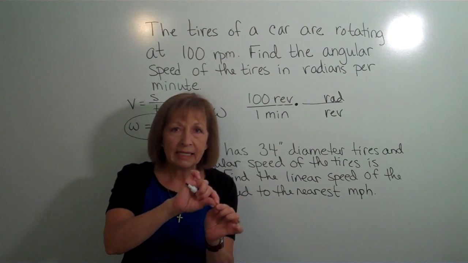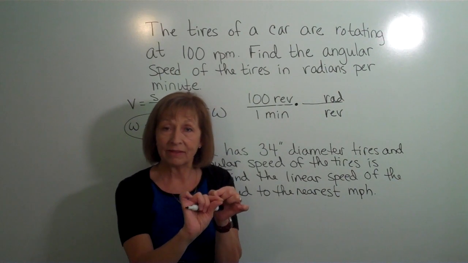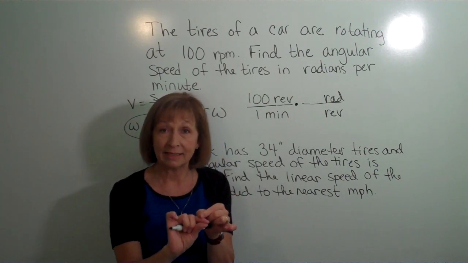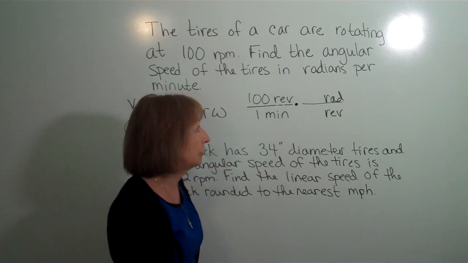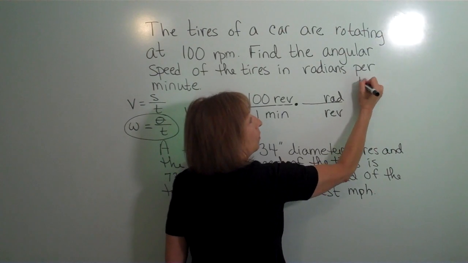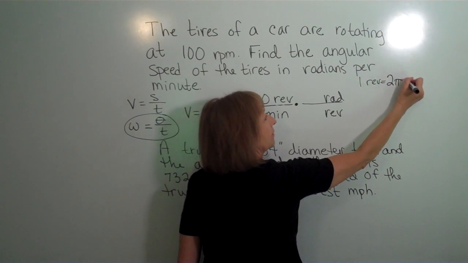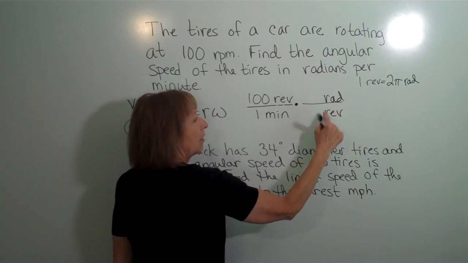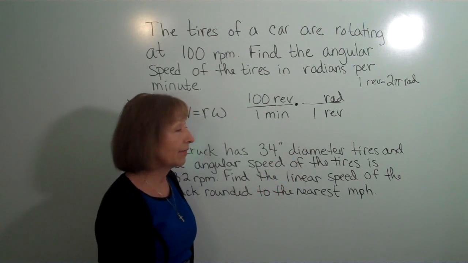So remember, from the beginning of the circle all the way around to the end of the circle gives me my 2 pi radians. So 1 revolution is always equal to 2 pi radians. When I look at where these words are, a revolution is all the way around, so that's bigger than a radian. I give that the 1.